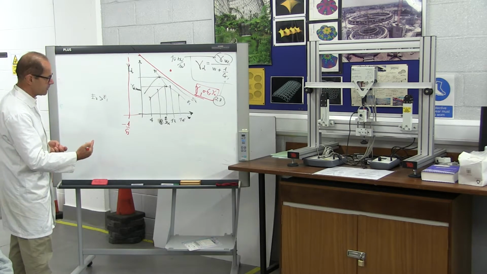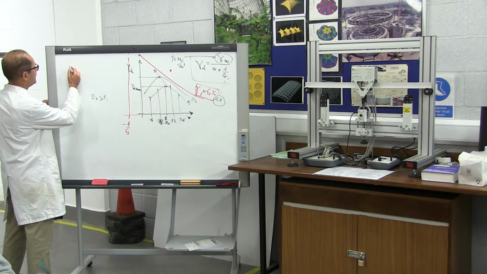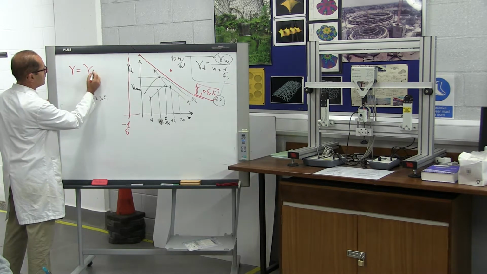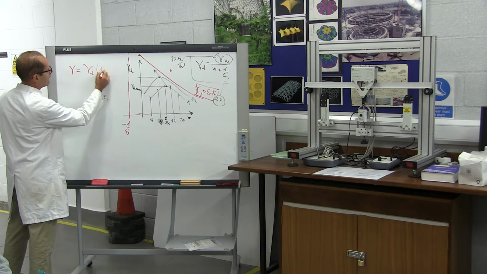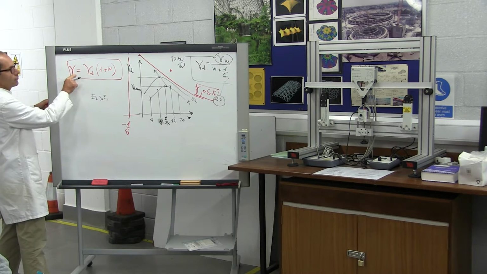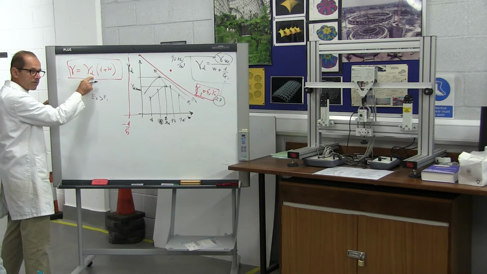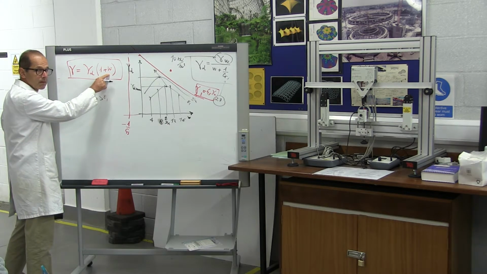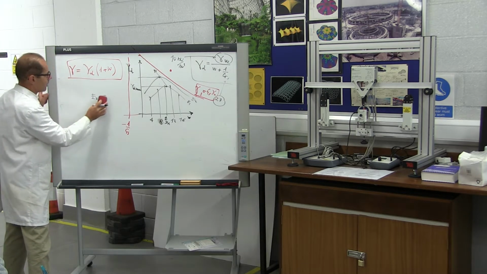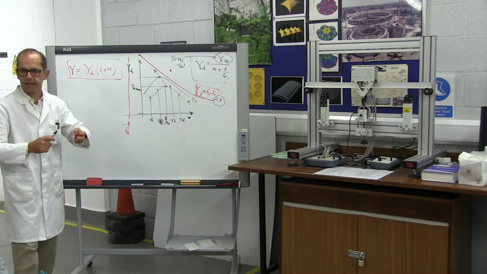Let me try to explain this point better. So, the first thing to do is to remember the relationship between unit weight gamma and gamma d: gamma equals gamma d times 1 plus w. Gamma is the unit weight wet of the soil, gamma d is the unit weight dry of the soil, and w is the water content.